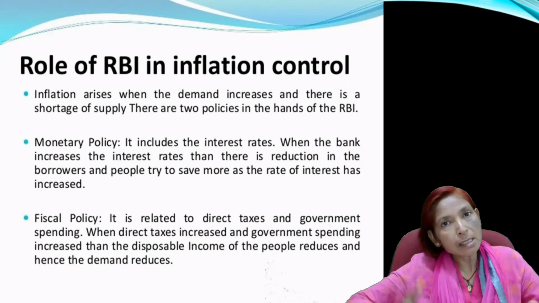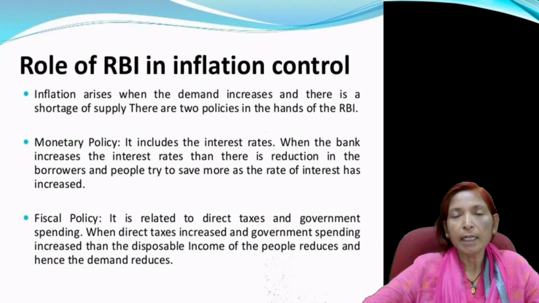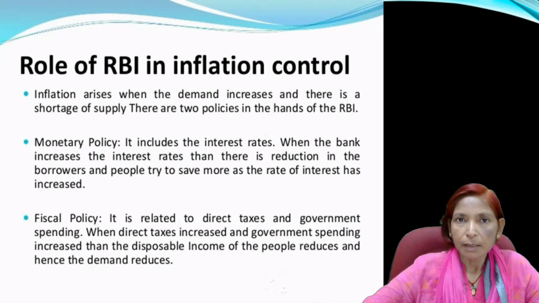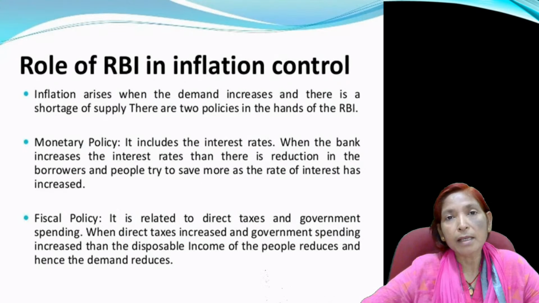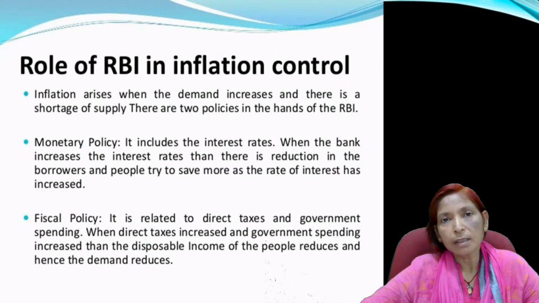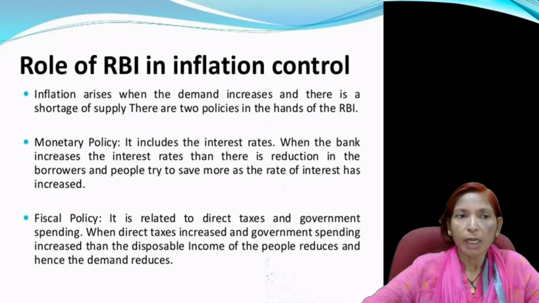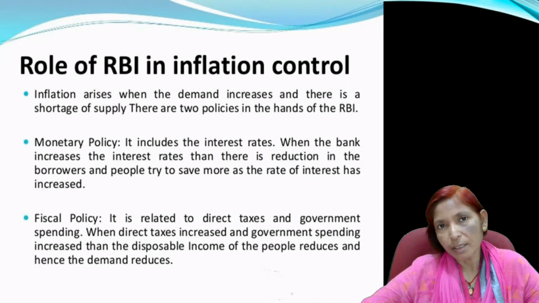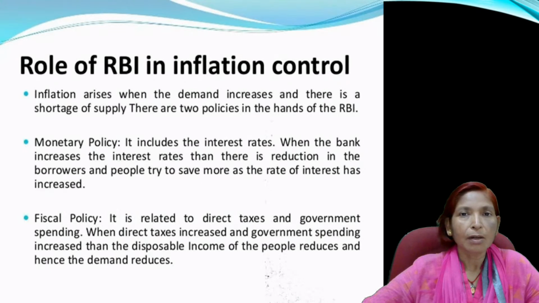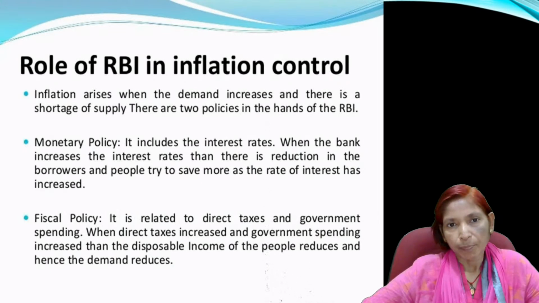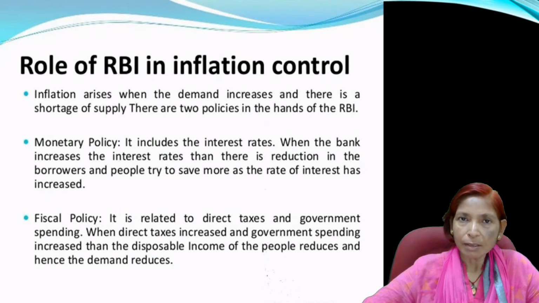RBI can increase money supply and can decrease money supply. It means RBI has full control over money supply, and RBI can control the situations of inflation and deflation of the economy.